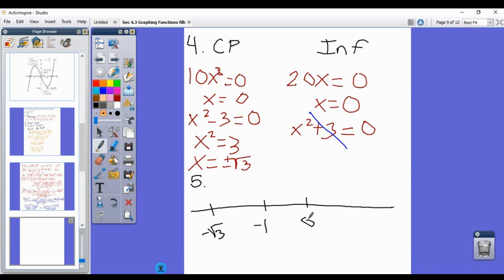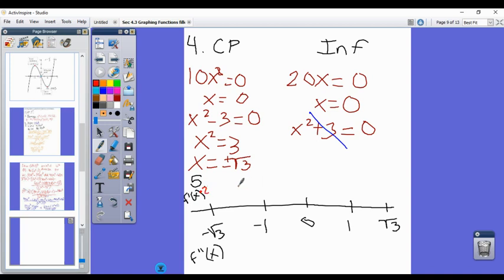Followed by 0, positive 1, and then positive square root of 3. All right, so I'm going to give you your test points, and I want you to plug them into the first derivative and the second derivative, and I want you to see if you get what I get, okay? So your test point for smaller than negative square root of 3 is going to be -2.